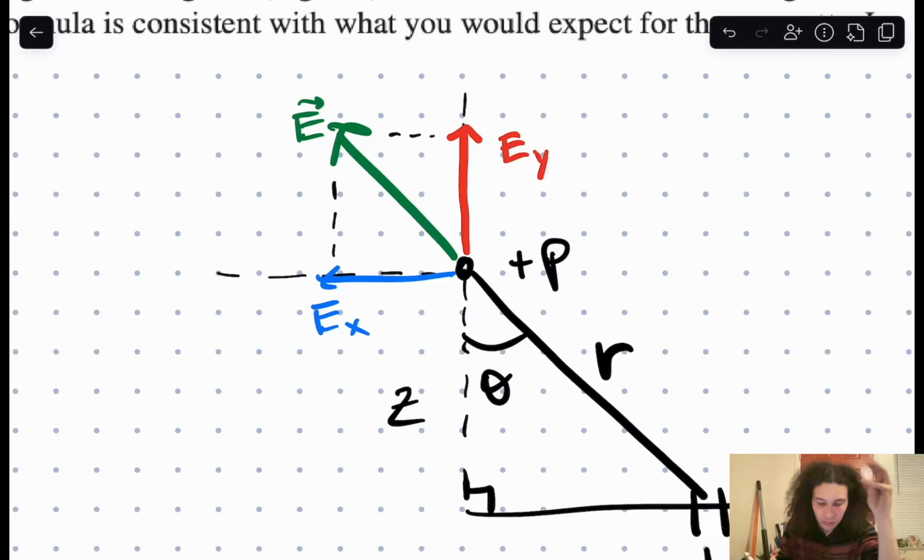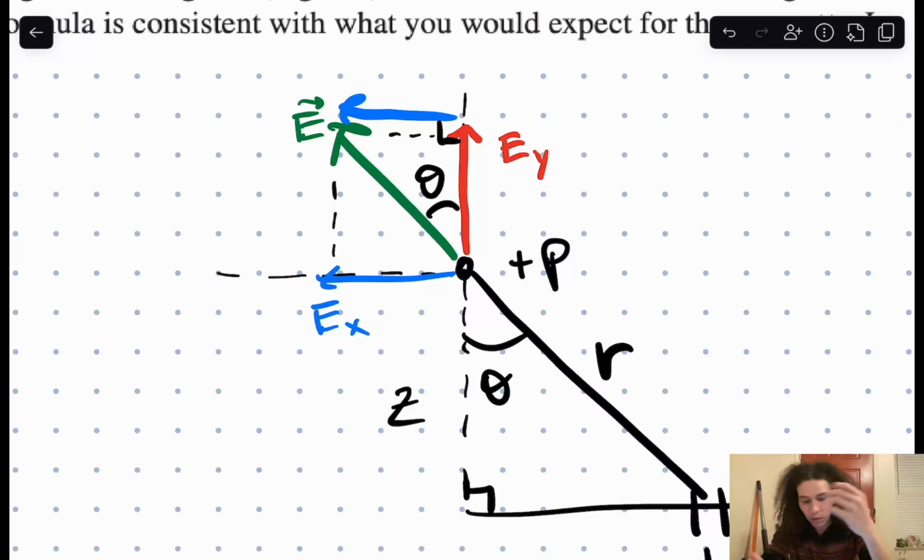And check this out. These lines are bisecting each other, and so this angle here, just through geometry, is going to be exactly the same as this one. And this vector here, we could also say that it exists over here as well. And we have a little 90 right there, so both the EY and the EX components are perpendicular, orthogonal to each other.